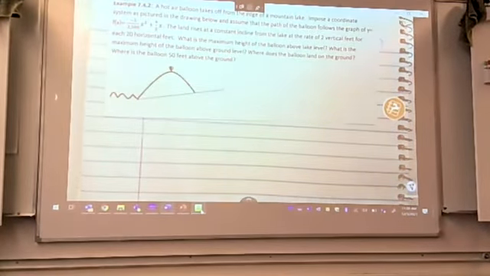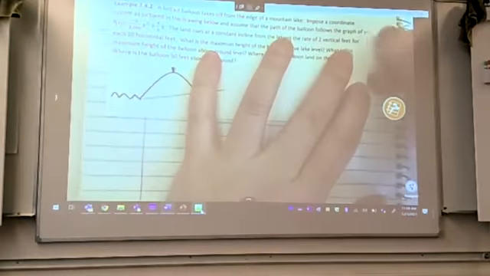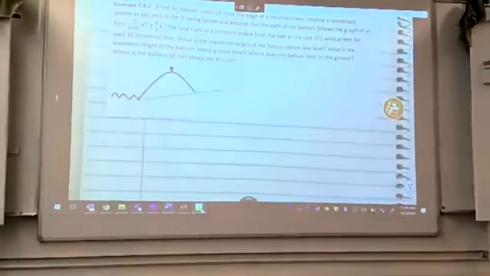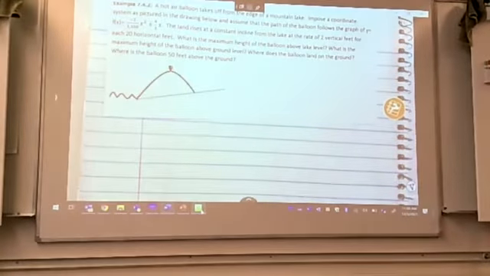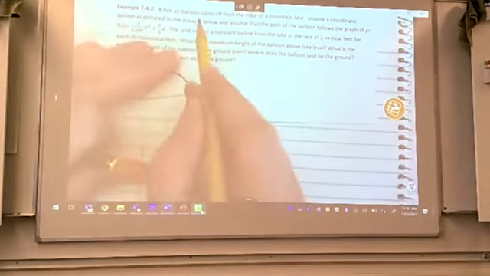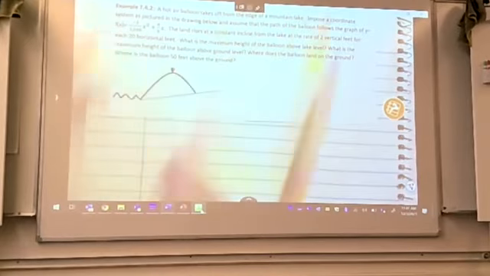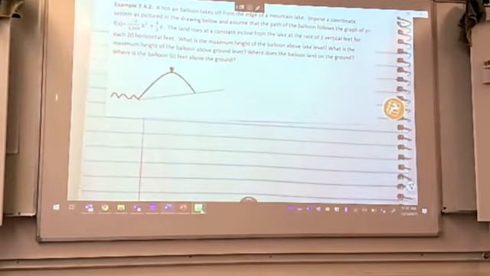It says impose a coordinate system as pictured, I think, above. I think it said the word above. It didn't say the word below. So the picture's below. So right here, you guys want to cross that out as the word below. Because I think for you guys it's above.